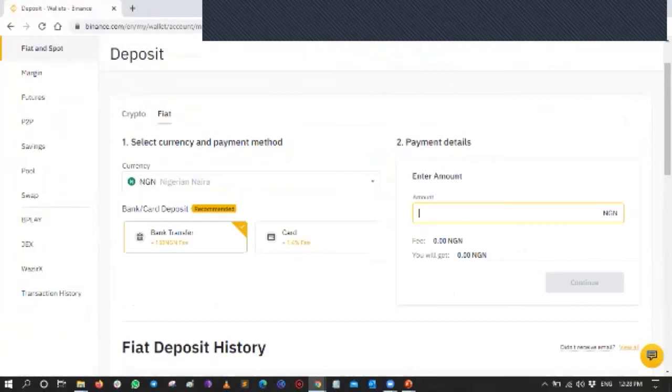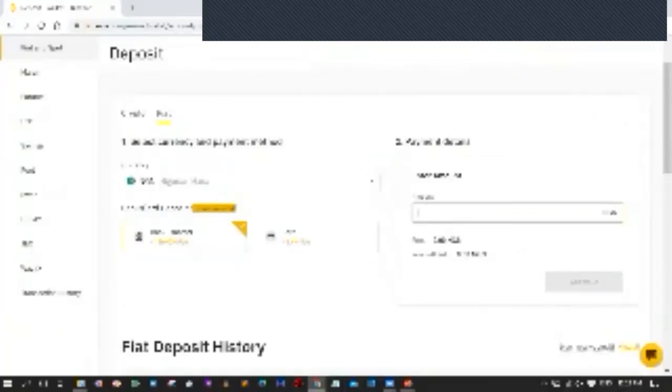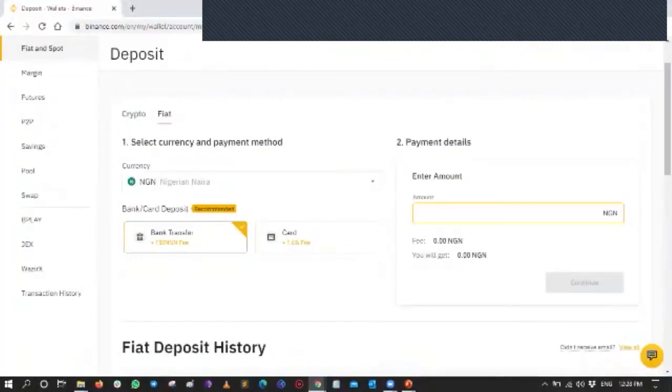That's fantastic. I've been using other exchanges, but I can only deposit in US dollars, and as you can see, in Nigeria there's a limitation on the dollars that you can spend. But with Binance, you can deposit, for example, even 500,000, 2 million.